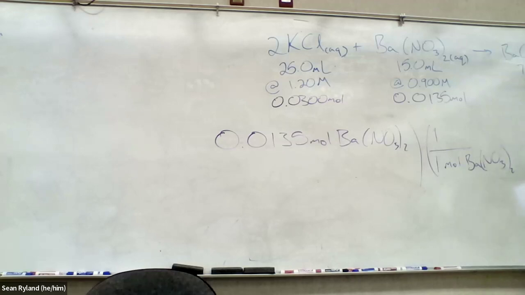So if one of our products is going to be solid and the other one's still dissolved, it's usually easier to get the yield by looking at what's solid. Especially considering number 4 here. It gives you a measured amount of barium chloride. That's your clue that you're supposed to be looking at theoretical yield of barium chloride. Obviously on a test, I'd try to be more specific here. I was just sloppy writing that question.